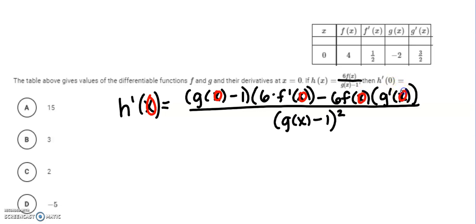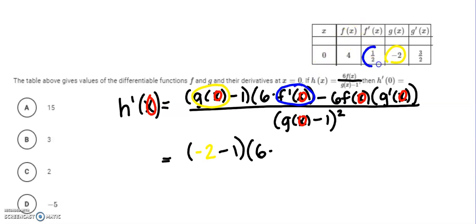So I'm putting in 0 for all of these x's, and let's use our table. So g of 0 is negative 2 minus 1, and then we have 6 times f prime of 0.